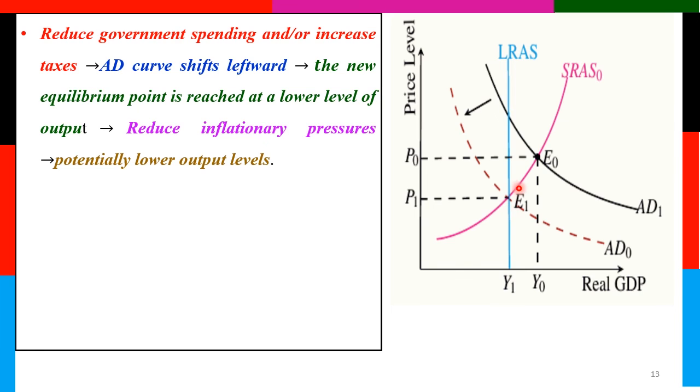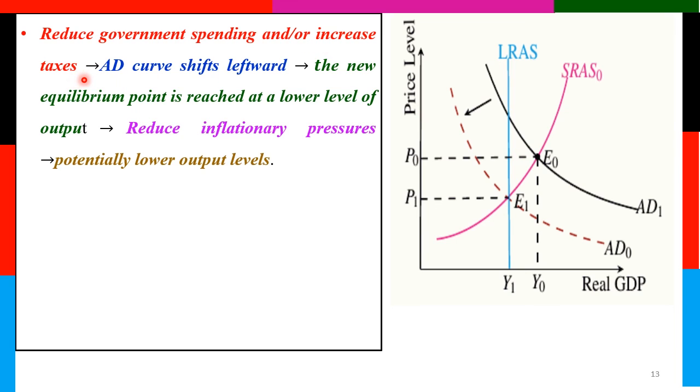But at this point, there is excess demand. Demand is excess than what? Than long-run aggregate supply. Demand is over than what? Supply. Therefore, this must be corrected. How can we correct it? Reduce government expenditure and increase tax.